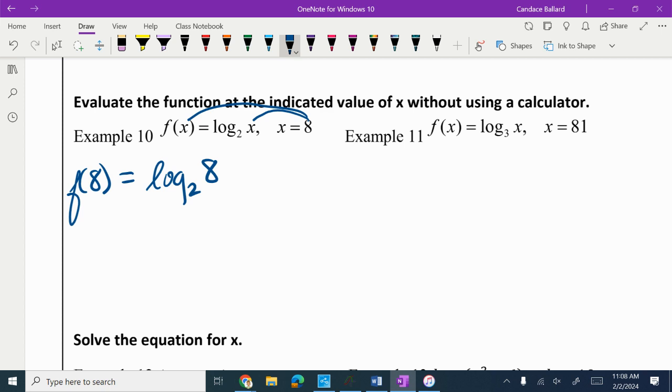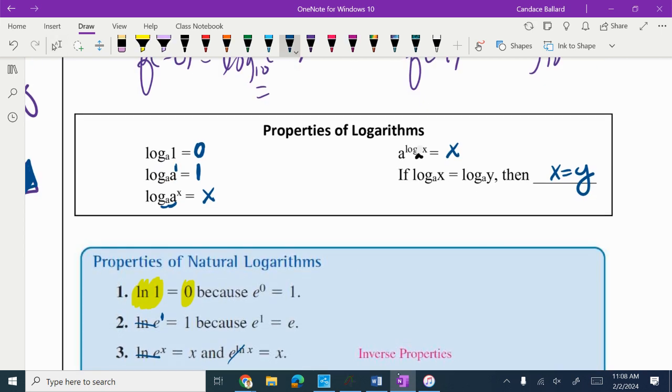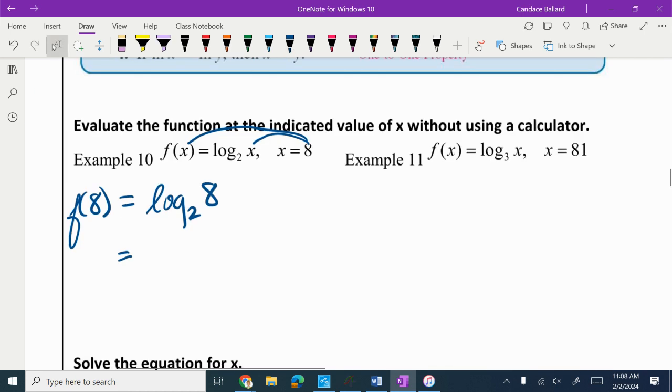First thing, remember when I have that f of 8, it's just telling me I'm taking 8 and substituting it into the function. It's just notation. My goal is to get a number, not a log, a number. Remember one of our properties was that if this base matches this number, I can cancel it out and get the exponent. Is there another name we have for 8?